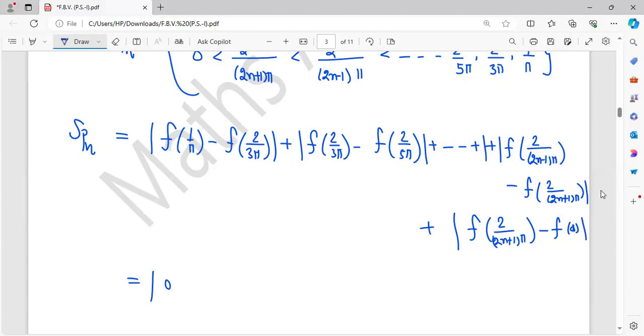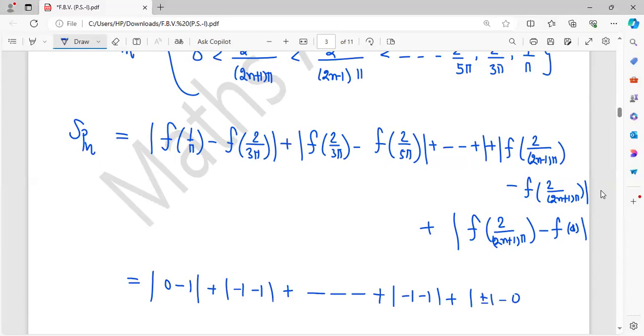This is sine 3 pi by 2 value. 3 pi by 2 value is minus 1. Minus 1, and this is 1. Like that it will go, or it will be minus 1 some here, minus 1. And finally it will be plus minus 1.